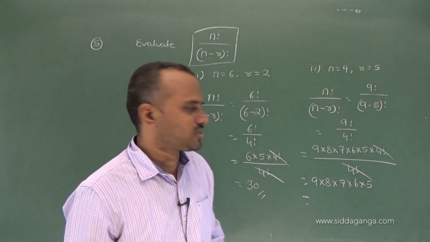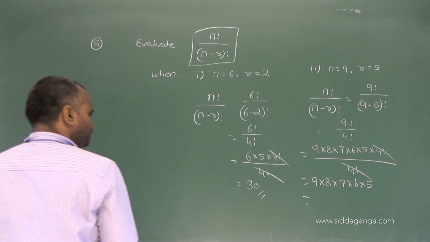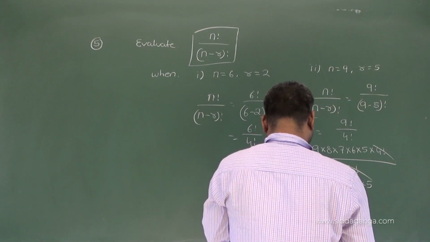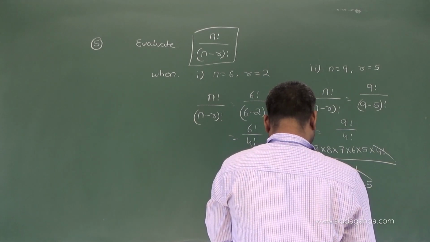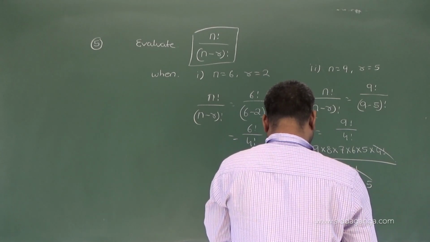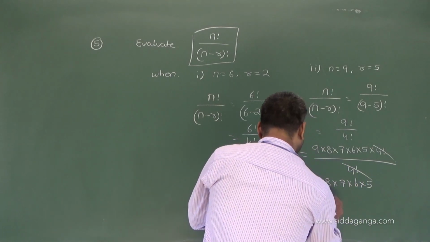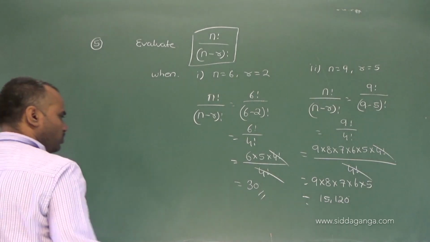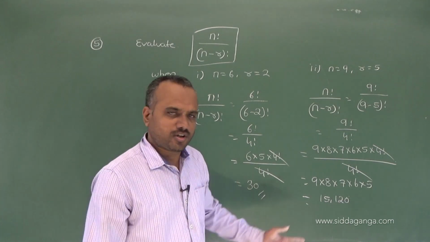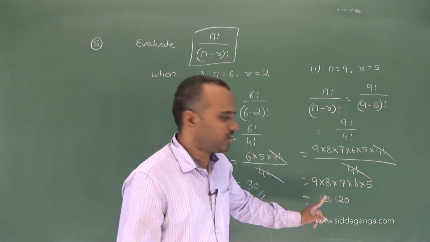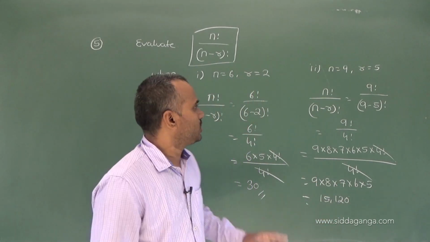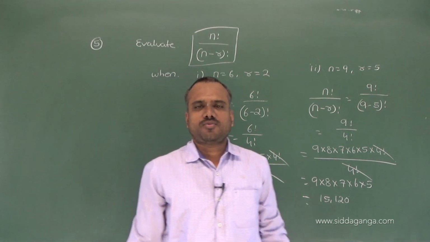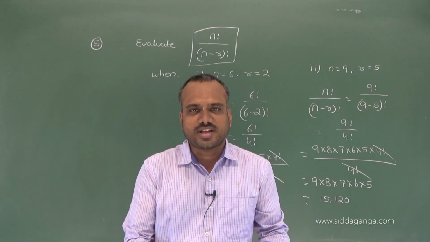The answer is 15,120. I think it is correct. If you also calculate and there is any correction, you do it. 15,120. So I think this completes exercise 7.2.